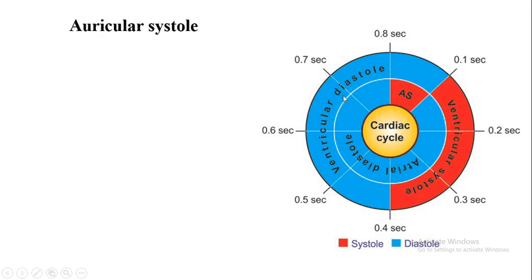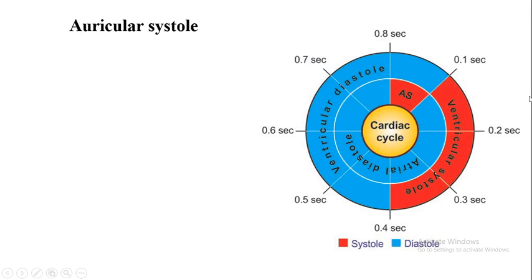Likewise, the concentric circles are divided into 8 such divisions, each of 0.1 second, so the total time is mentioned here as 0.8 second. Auricular and ventricular events are also shown. The red color indicates systole of various chambers, and the blue color indicates diastole of various chambers.